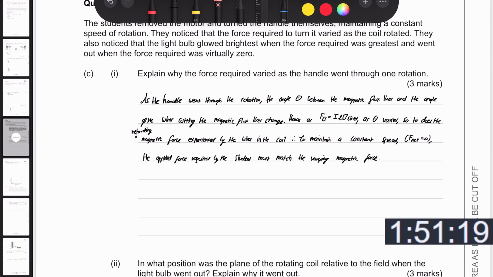Should I talk about EMF? Maybe some back EMF. Should I change this answer to back EMF?